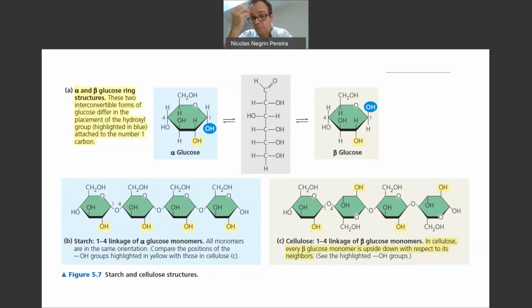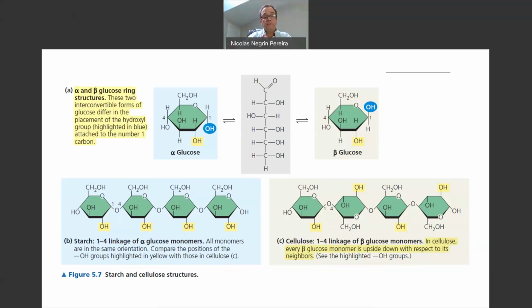Animals are not able to produce the enzyme to break this bond. That's why we need the symbiotic presence of microorganisms in the gastrointestinal tract secreting cellulase and hemicellulase, being able to break down this beta 1,4 linkage.